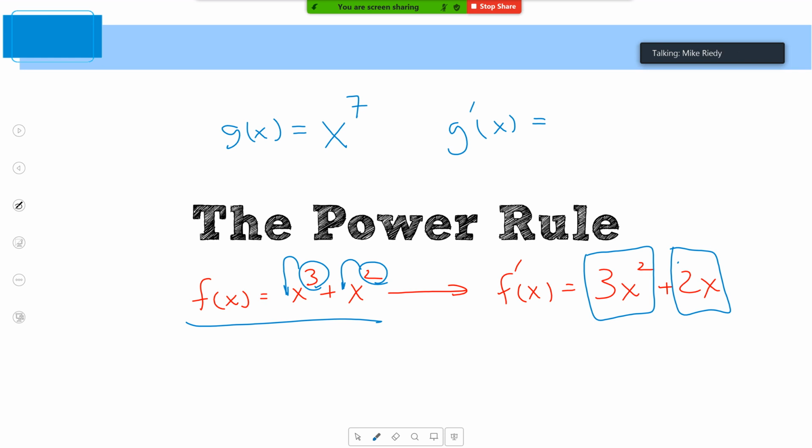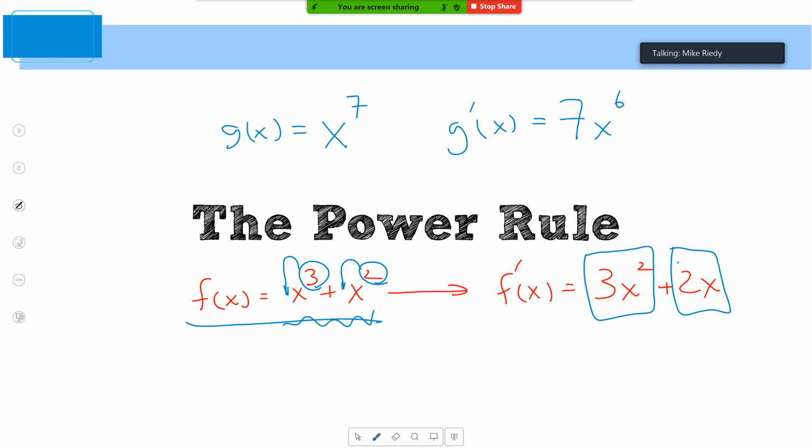You said it wrong, though. Say it again. 7x to the 6. There you go. Bring the number out in front and reduce it by 1. Well done.